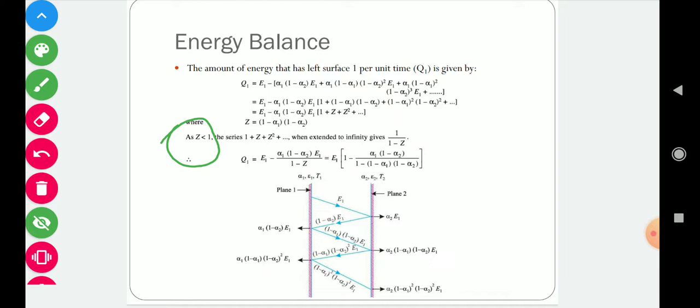and the series 1 plus Z plus Z square extended to infinity gives 1 upon 1 minus Z, the summation of this. So this equation can be further written in this form. Or if we take this E1 as a common term, then we can write this equation in this form.